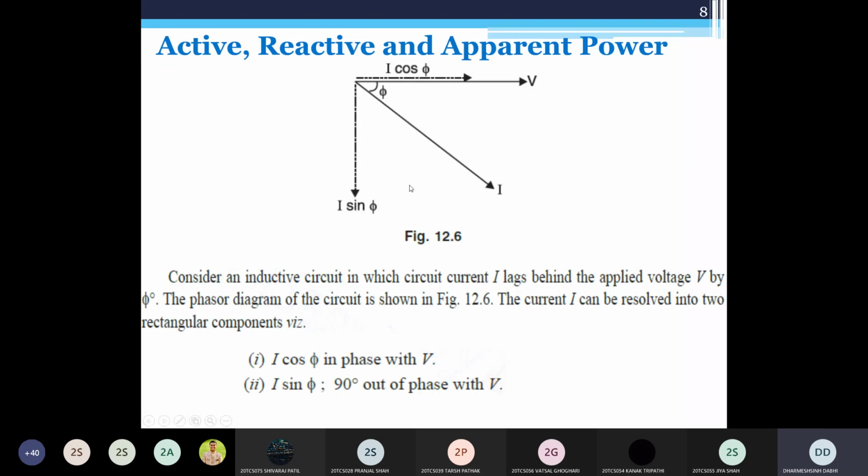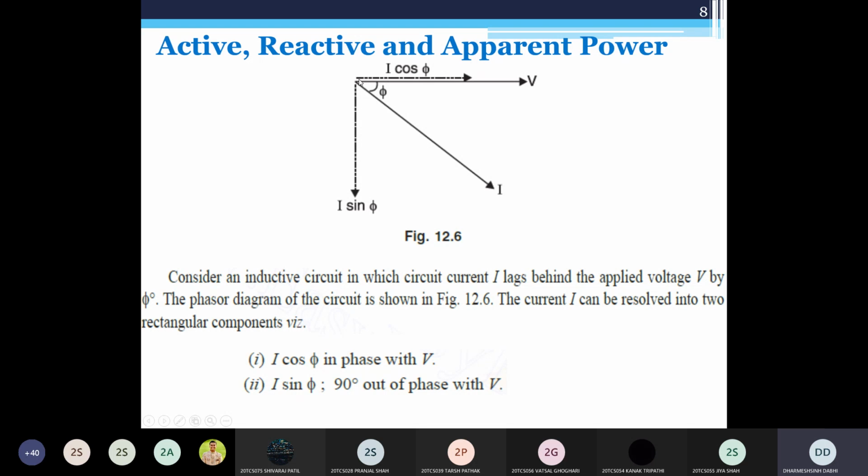Clear? Now what is the reactive power? Exactly 90 degrees with this active power, lagging 90 degrees behind the active power, means I sin phi into this voltage, because power is V into I. So V into this 90 degree component, the component of the current which is 90 degrees out of phase with the voltage, that is called the reactive component.